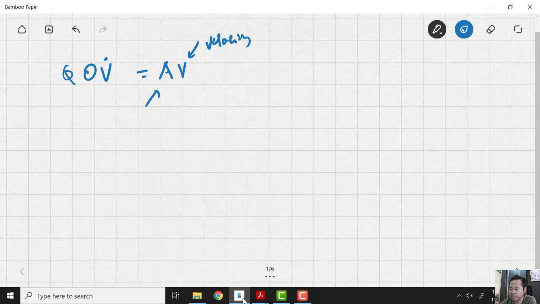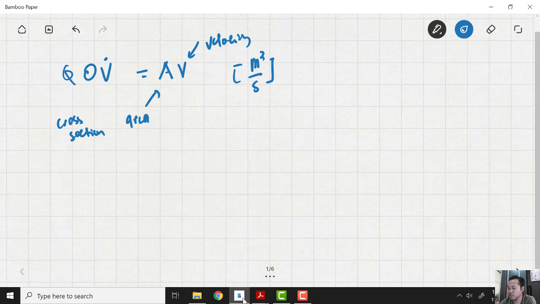A is the cross-section area. Cross-section area times velocity, you will get meter cubic over second.